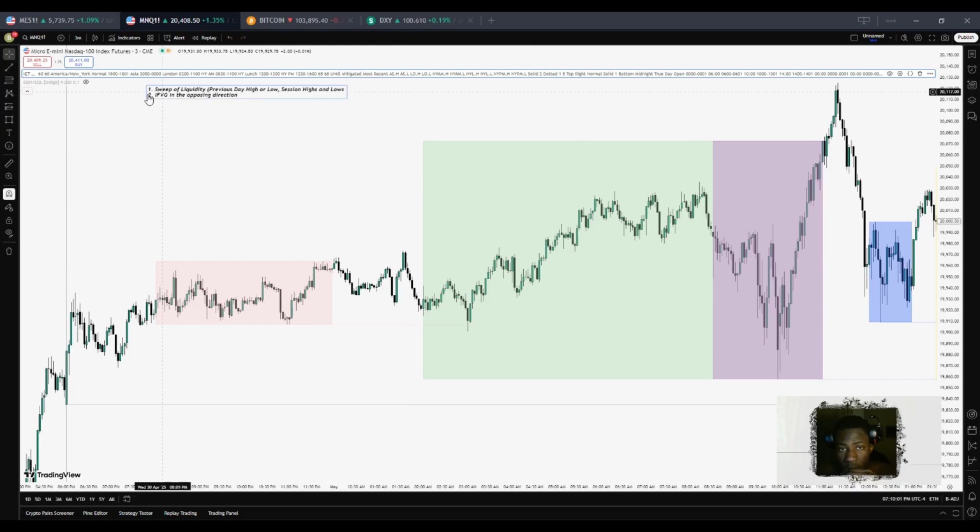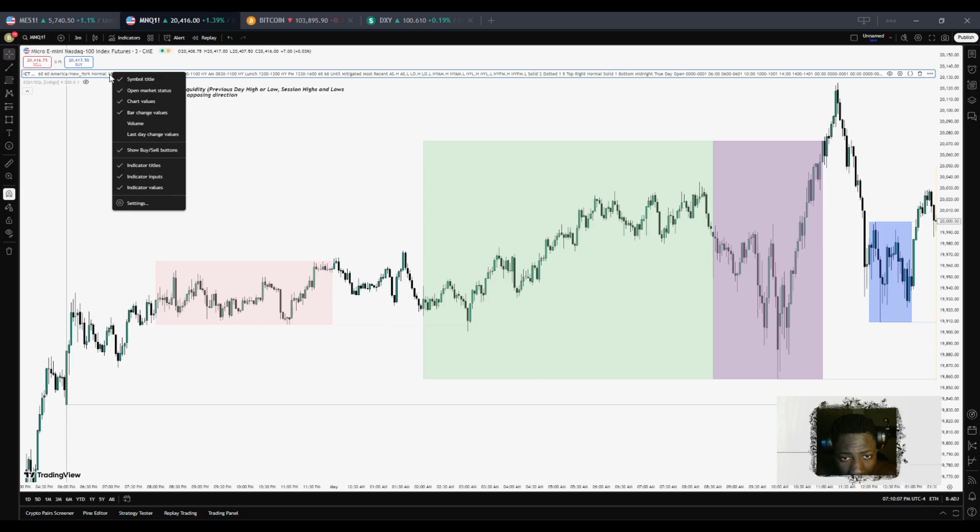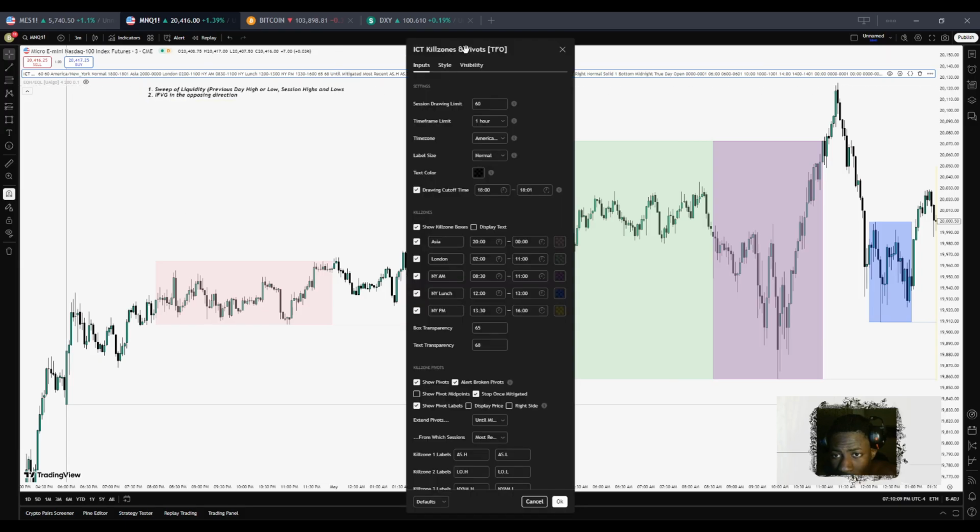It's called ICT zones and pivots. I don't even know how to pronounce it, to be honest. That's the indicator I use for my previous day high, previous day low, and session highs. If you want to use it, you can just search for it in the indicators.